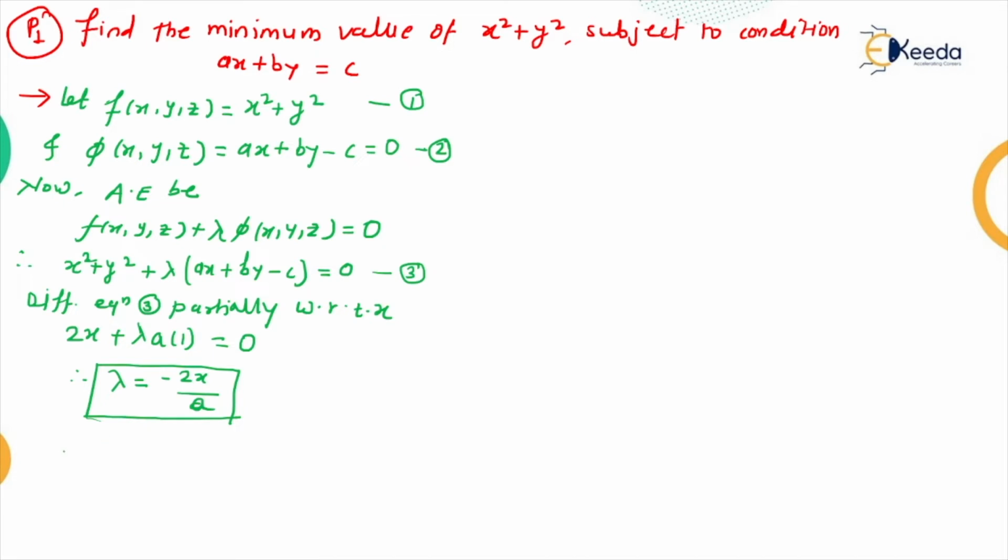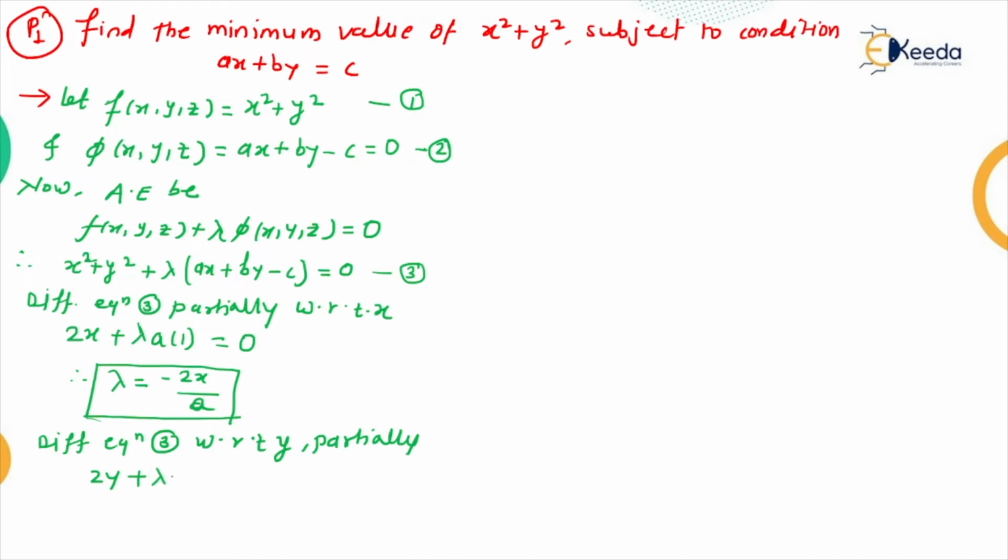Okay, also differentiate equation 3 with respect to the next variable y, partially. So what will we get here? In differentiation with respect to y, x is a constant, so the x square derivative is 0, and the y square derivative is 2y, plus again lambda as it is into the derivative of ax plus by minus c.